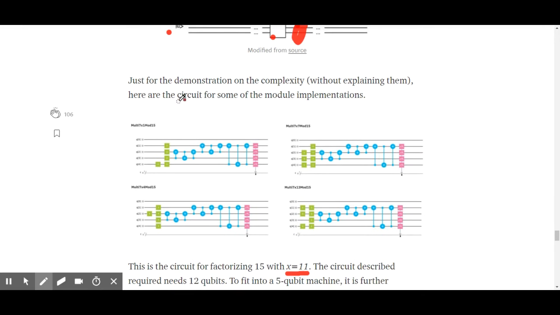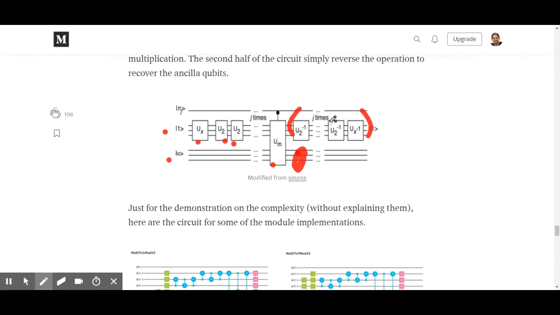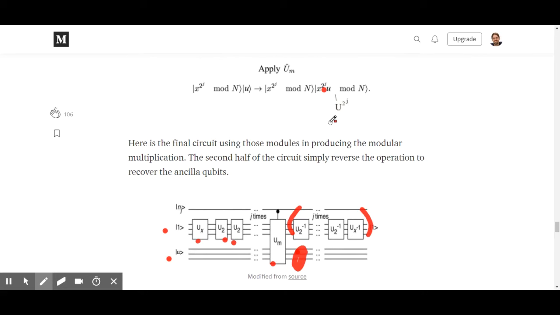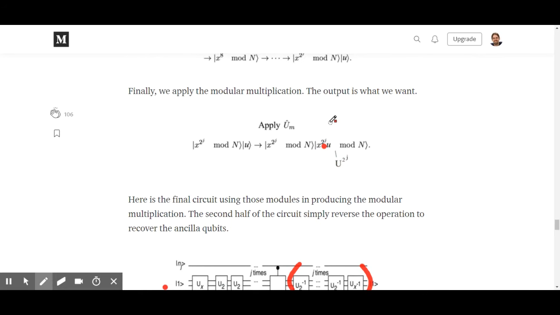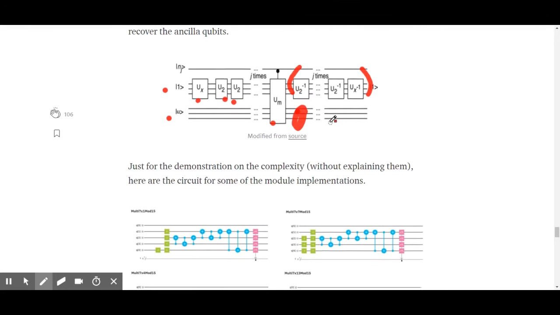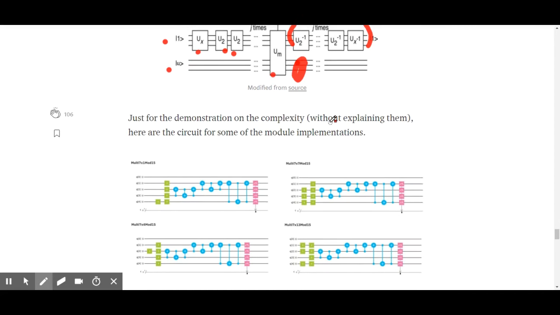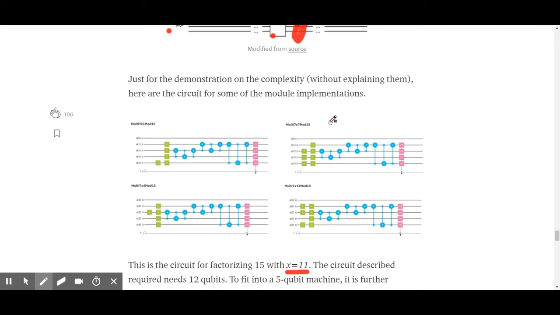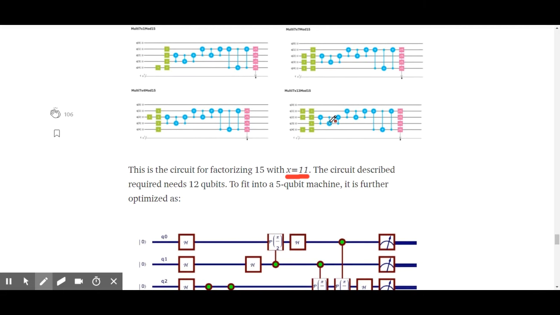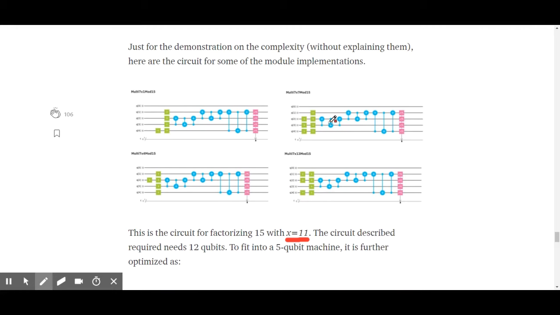Without explaining them, here are the circuits for some of the modular implementations. Pretty heavy. And it's complicated.